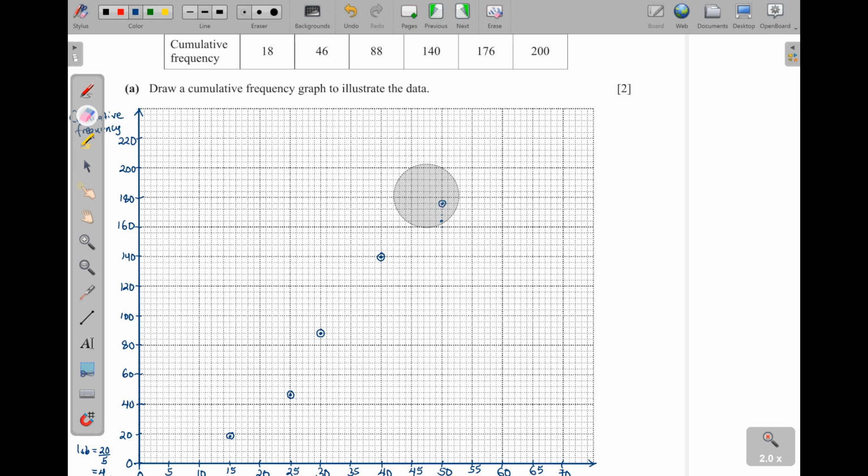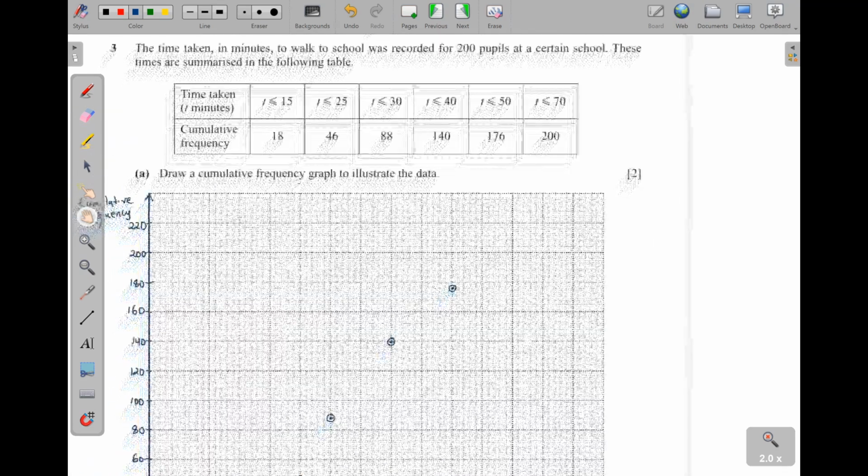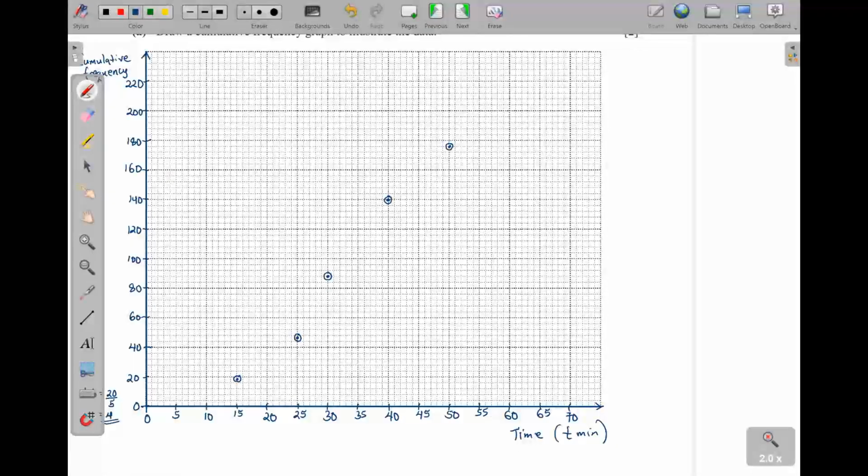Then the other one is 70 and 200. 70 is here and 200 is here.